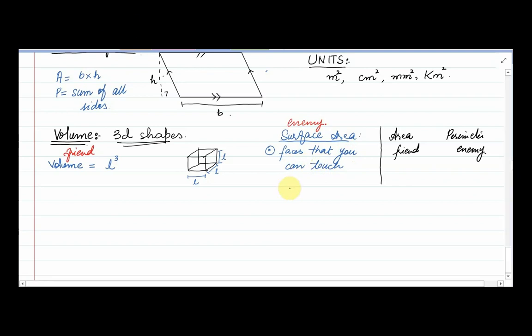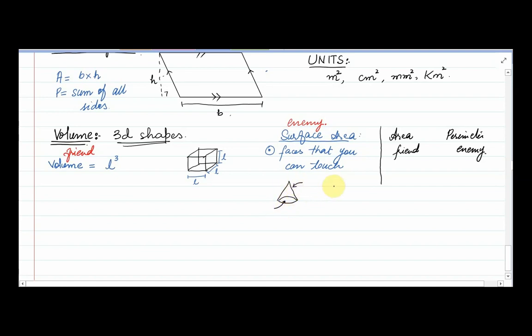Let's say I made a shape and that is a cone, right? Now listen to me very carefully. If I say, can you touch this part of the cone? You will say yes. If I say, can you touch this bottom part of the cone? You will again say yes. That means these both faces will be considered for surface area.